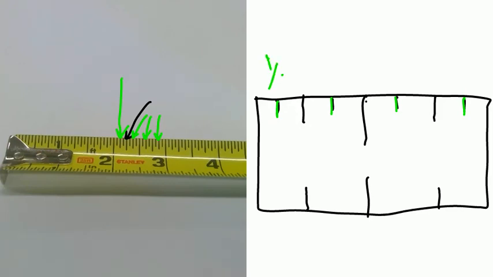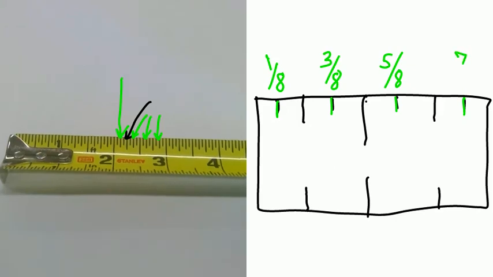So this ends up being 1/8 of an inch, 1/4, 3/8, 1/2, 5/8, 3/4, and then 7/8 of an inch.